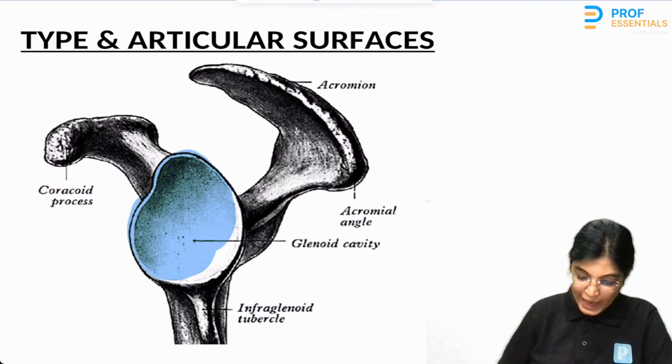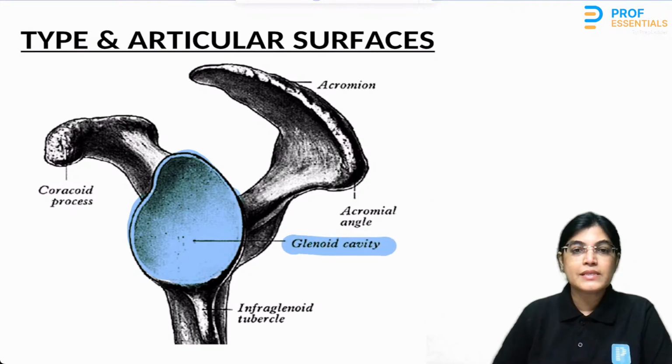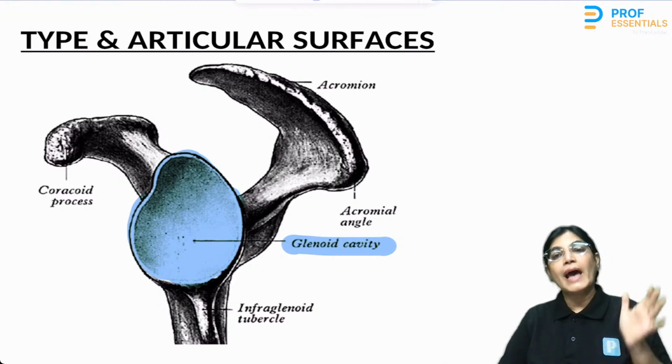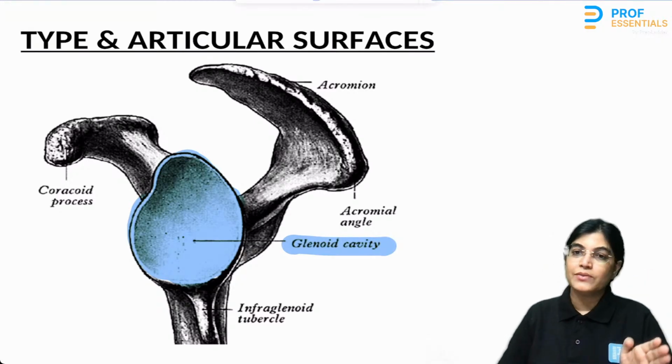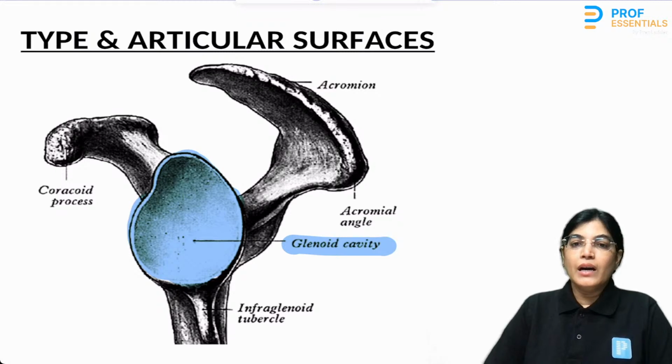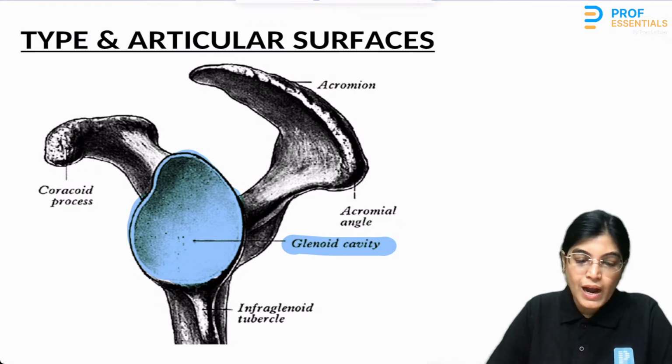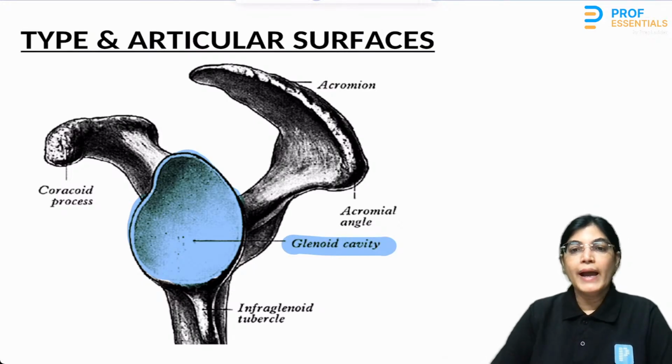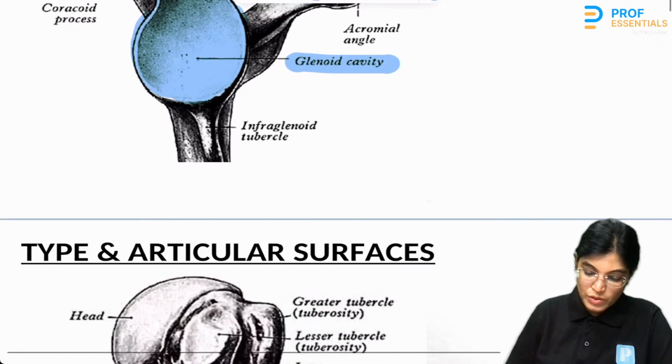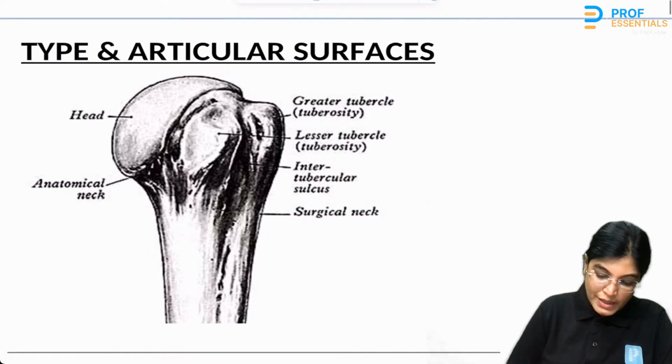The glenoid cavity is shallow, can you see, as compared to the acetabular cavity which is seen in the lower limb and forms the hip joint. So this is shallow and has to articulate with the head of humerus. I would also like to show you another image where you can see the head of humerus.